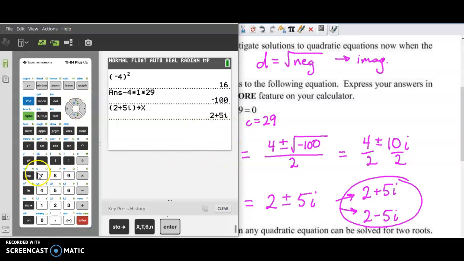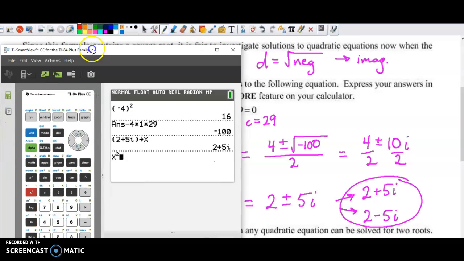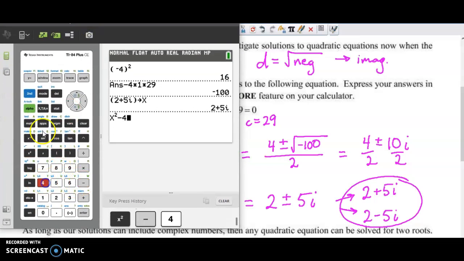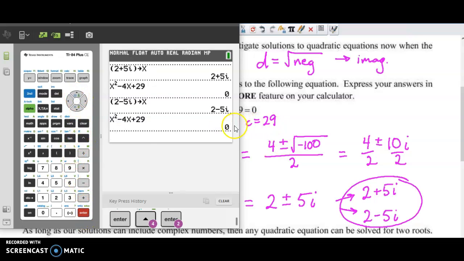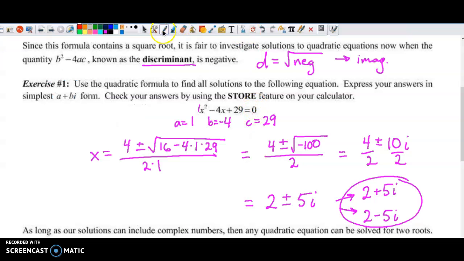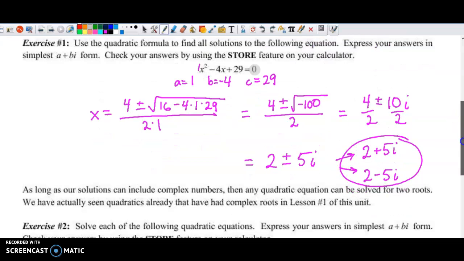Then you can type in that equation, x squared minus 4x plus 29, and it gives you 0, which right now might not make any sense to you. You can also store in 2 minus 5i and do the same thing, and it gives you a value of 0, which is what we wanted. That's how you can tell that you have the correct answer.